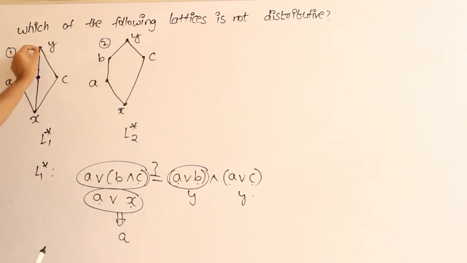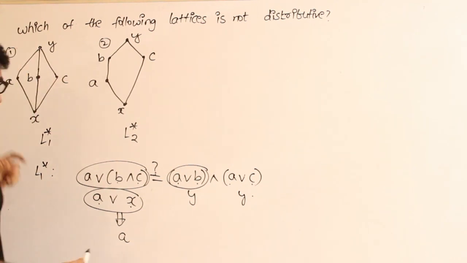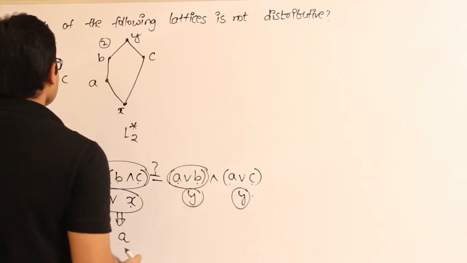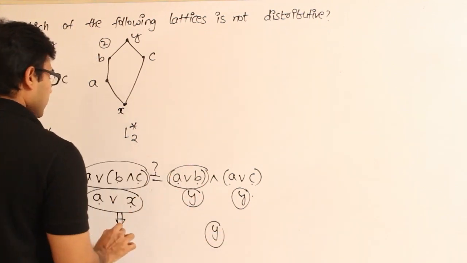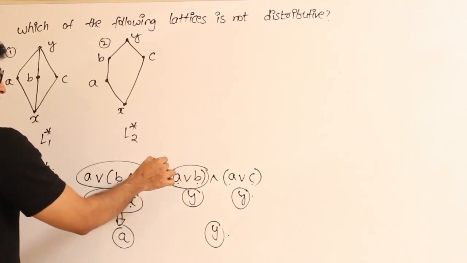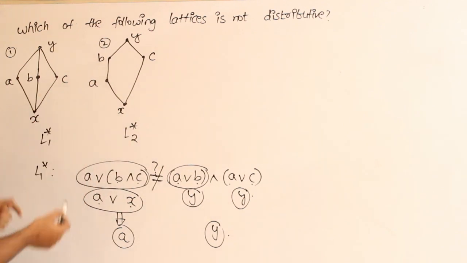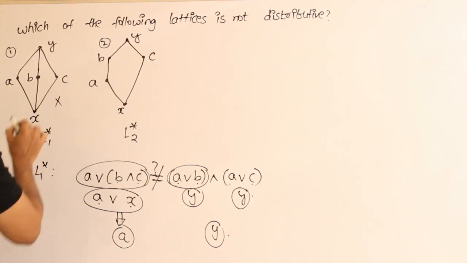And now if you take the greatest lower bound of Y and Y, it is of course Y, right? So LHS is equal to A and RHS is equal to Y. So this equality failed, which means this particular law is not holding good on this lattice, and since it is not obeying the distributive law, it is definitely not a distributive lattice.